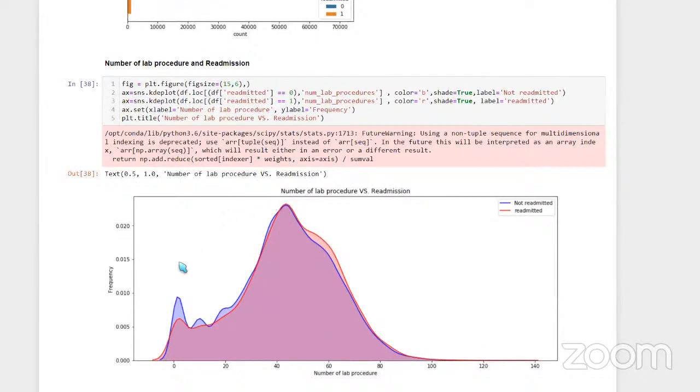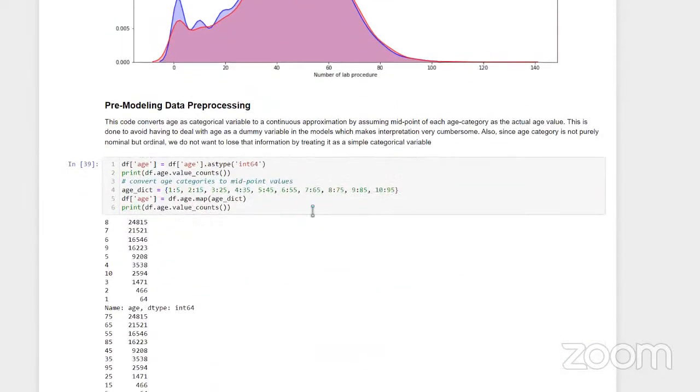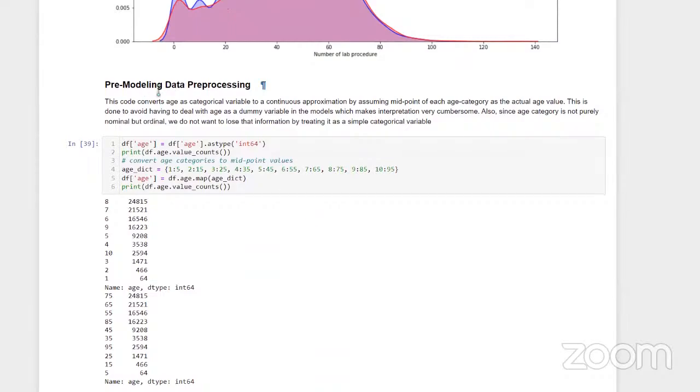And here we are trying to show the number of lab procedures versus readmission. So you can see it is clearly matching with that. Now, pre-modeling we did.